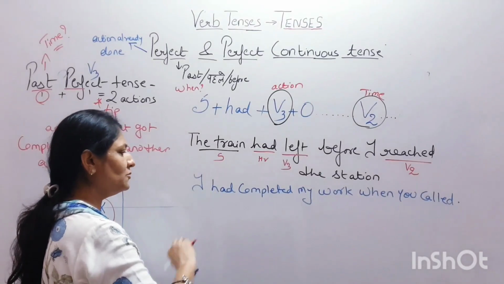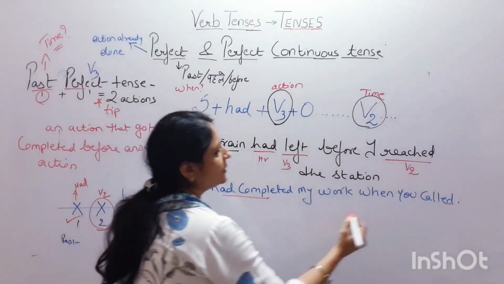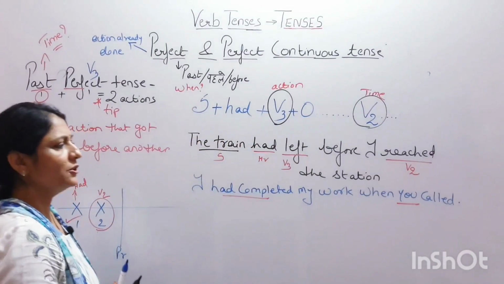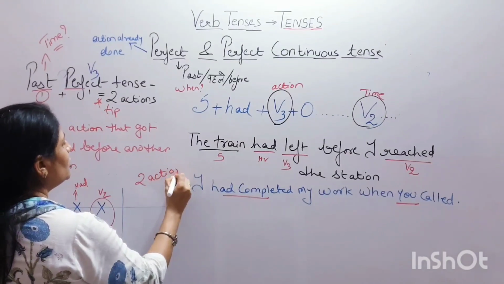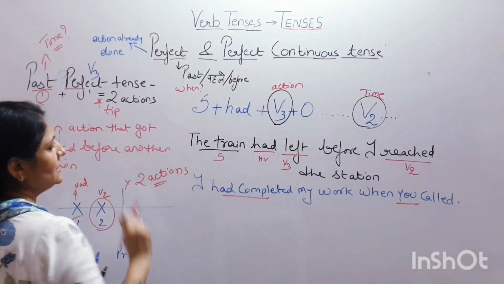So this was very clear again. Had completed and called. So this makes the condition clear that we had two actions in one sentence.